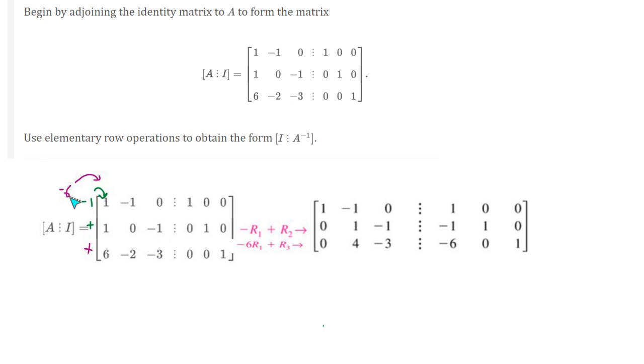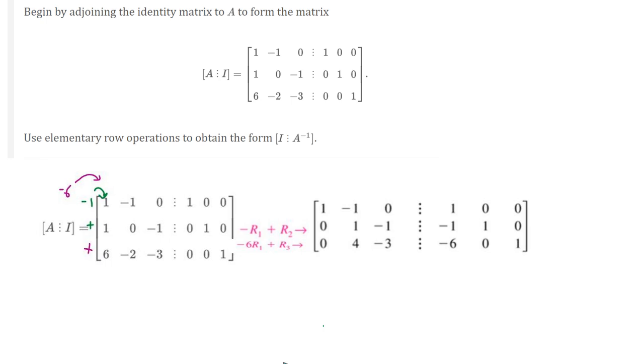And then -6 times 0 is 0, plus -3 is -3. -6 times 1 is -6, plus 0, -6. And -6 times 0 is 0, plus 0 is 0. And the last one, -6 times 0 is 0, plus 1 gives me a 1. So far, I have my 1, my 0, and my 0.